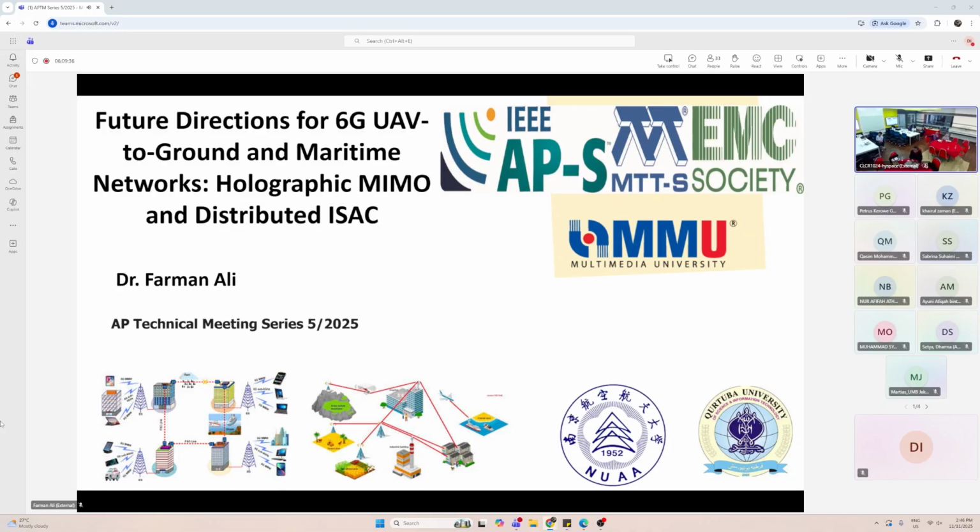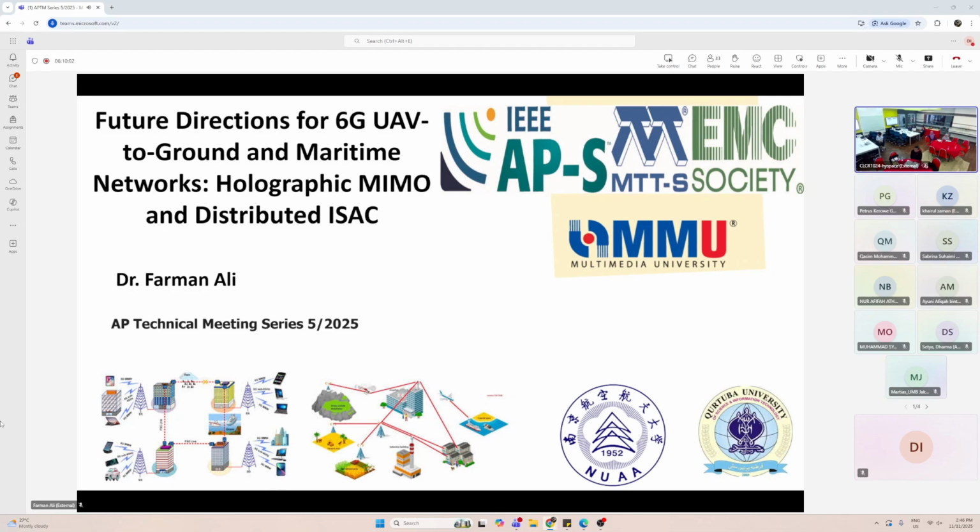The second thing, we have used the words ISAC and holographic antenna. Why is ISAC considered here? ISAC is an intelligent sensing technique. The UAV will move, and using generative AI, it will sense the environment and take decisions by itself.